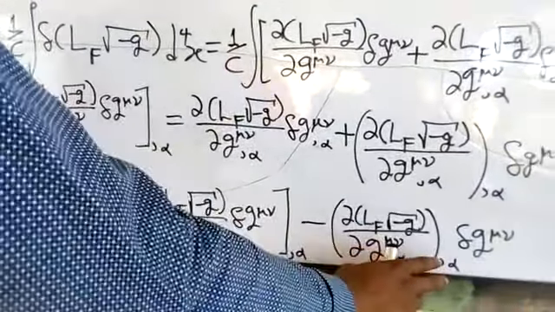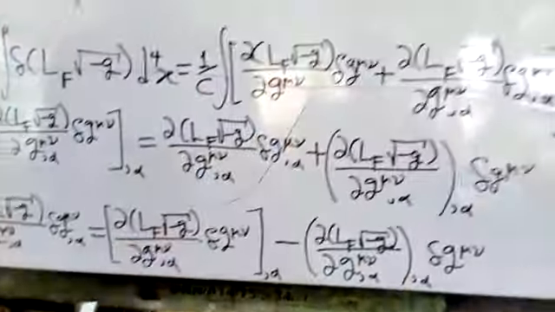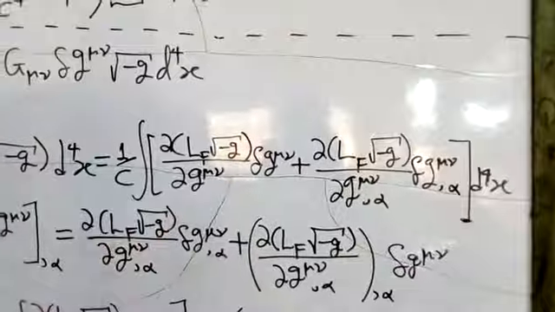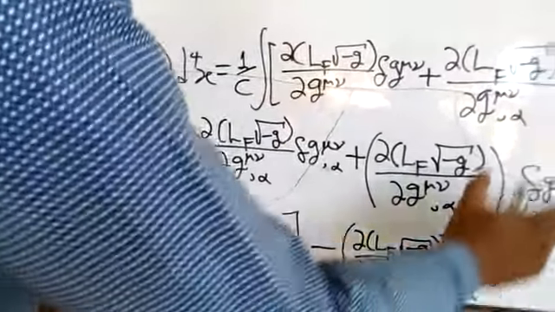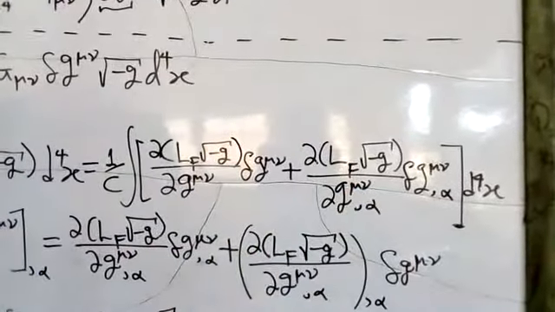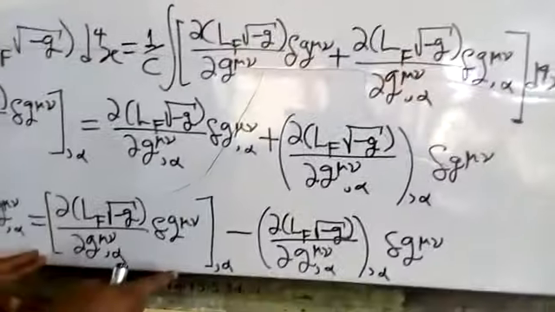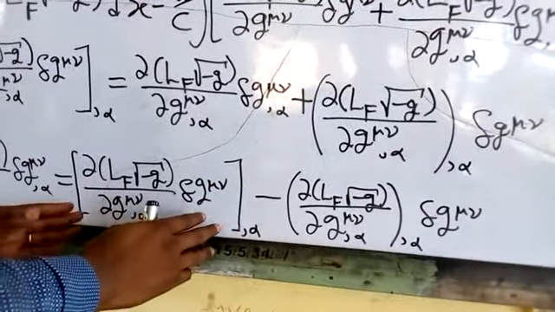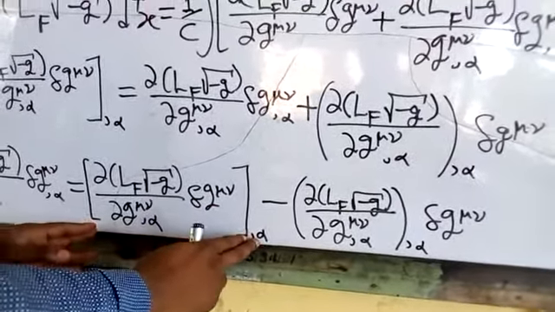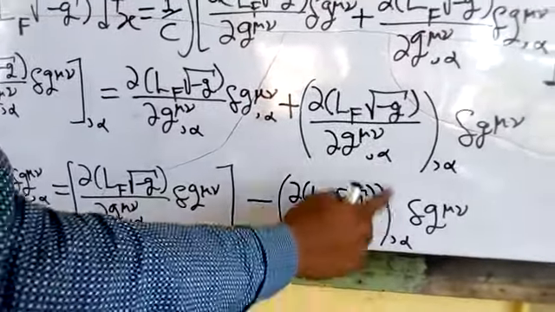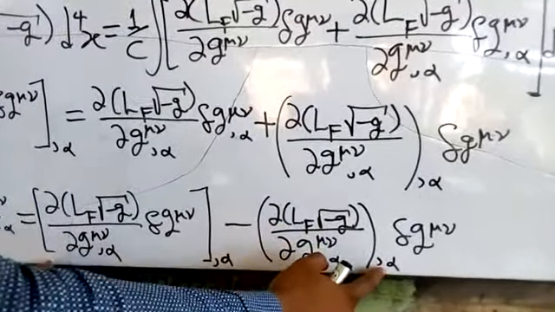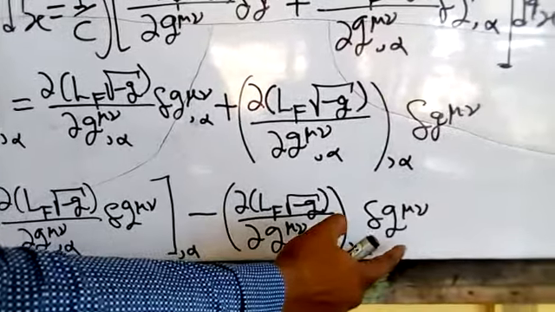Now with this, we simply substitute this back into this. So in place of this object, which we have shown to be this, we simply put this into this place. Before I go to the next step, take a look at this. You can see that this is all combined and all differentiated with respect to x alpha. But this has some object differentiated with respect to x alpha, multiplied with the variation of g mu nu.